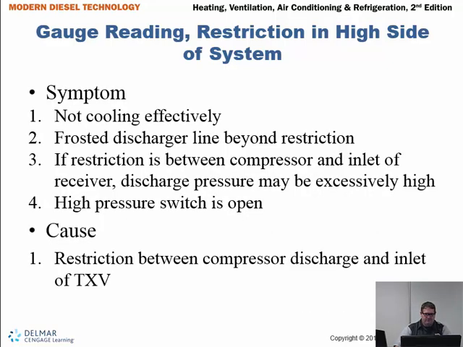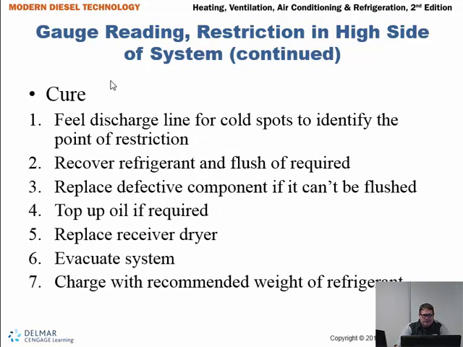Symptom: not cooling effectively, frosted discharge line beyond the restriction. If the restriction is between the compressor and the inlet of the receiver dryer, the discharge pressure may be excessively high. High pressure switch is open, and then the cause: the restriction between the compressor discharge and the inlet of the TXV.